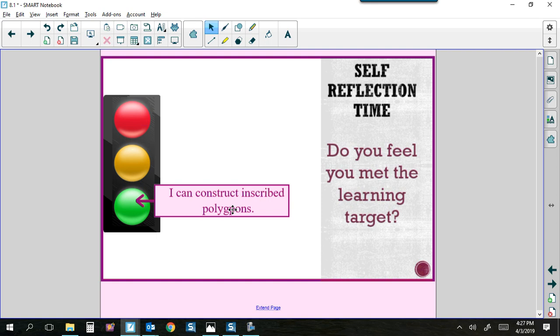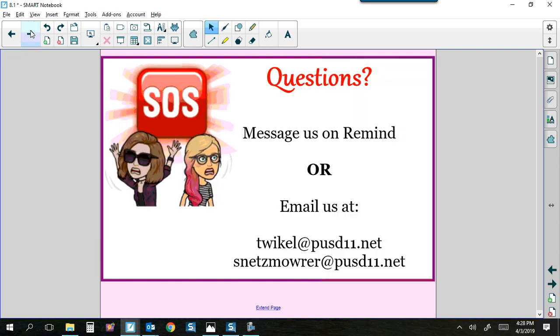Or maybe if you don't want to Google it, just think about how we did the square, think about how we did the hexagon, and think about some other shapes that maybe you could use using similar techniques. If you have questions at any time, email us, text us, whatever you need.